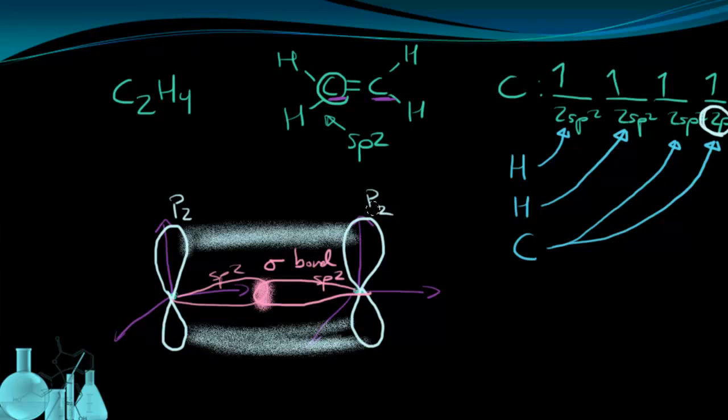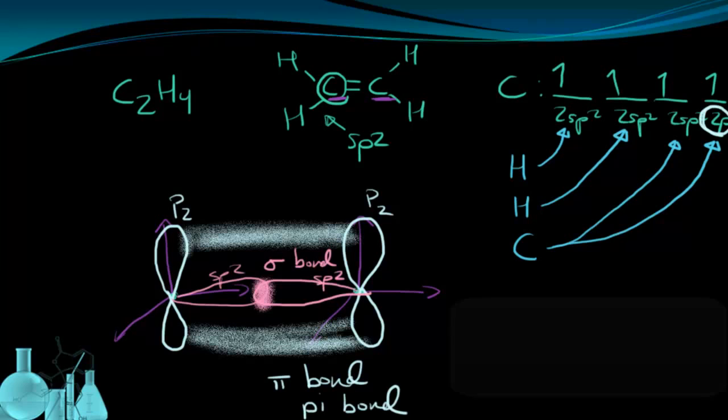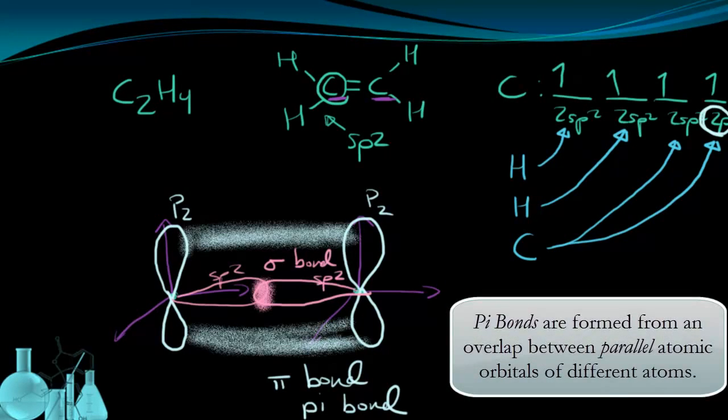So now these pz orbitals have created a different kind of molecular orbital between them because they're not lined up. They are not pointing at each other. They're actually creating an orbital in parallel. And when that happens, we call that a pi bond. And this is the other kind of molecular bonding that can happen, the other kind of molecular orbital that can form, sigma and pi.